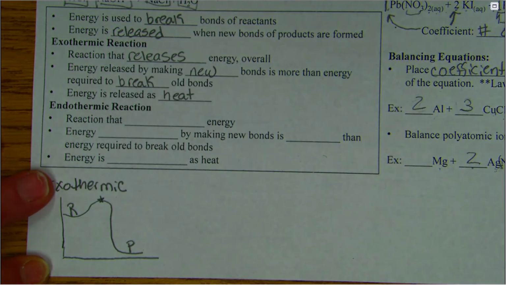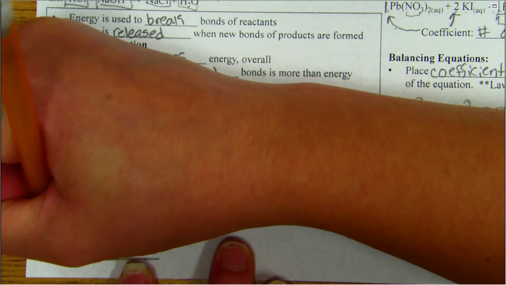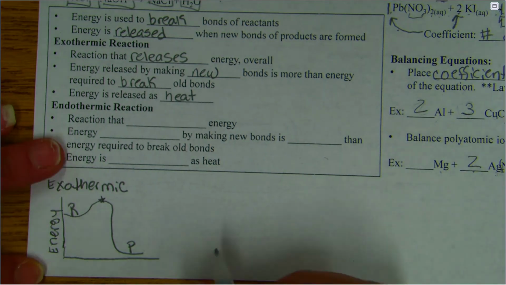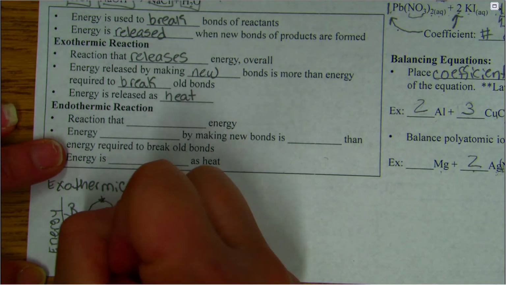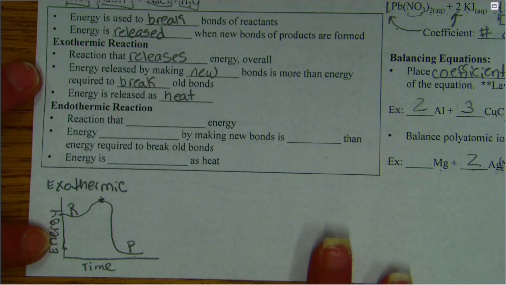And this top part right here is our activated complex. This is where the reaction actually starts. And this is my energy. And essentially, this is like my time. So the products have less energy than the reactants. So energy was released.